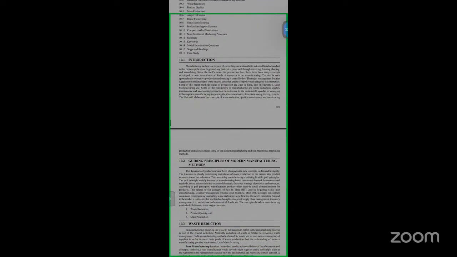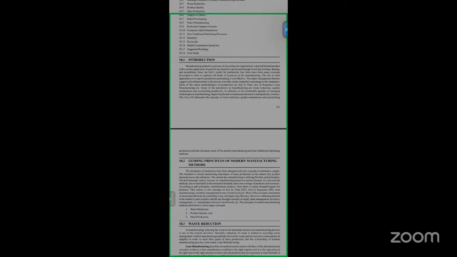The major management theories suggest such enhancements to the process can often create competitive advantage for companies. Some of the major methodologies of production are just in time, just in sequence, lean manufacturing, etc. Some of the parameters in manufacturing are waste reduction, quality maintenance, and accelerating production.